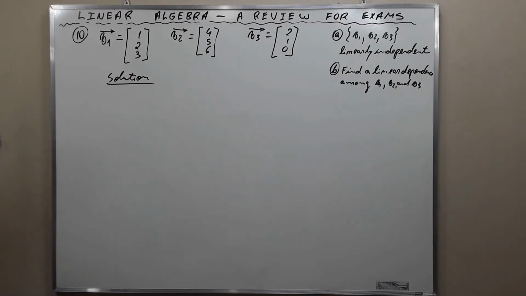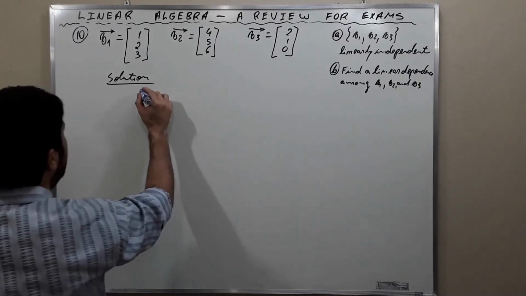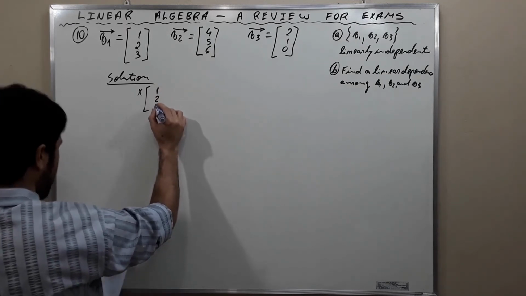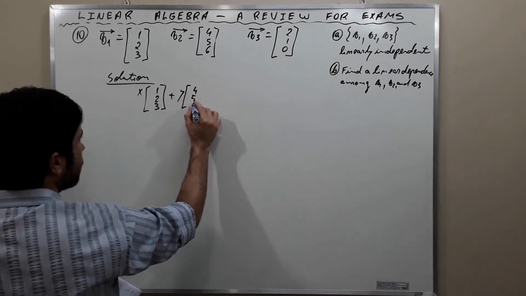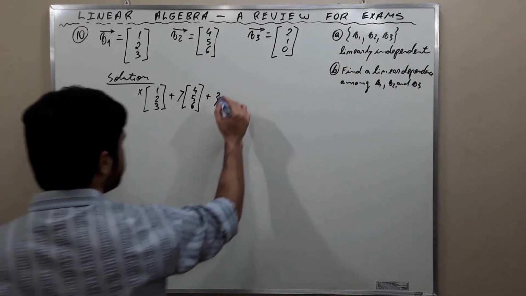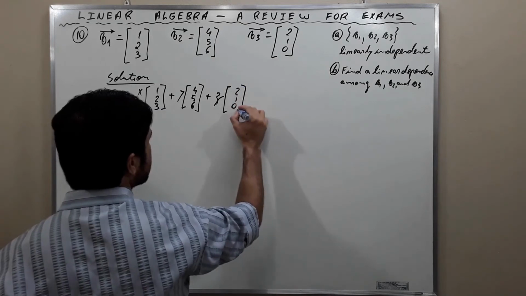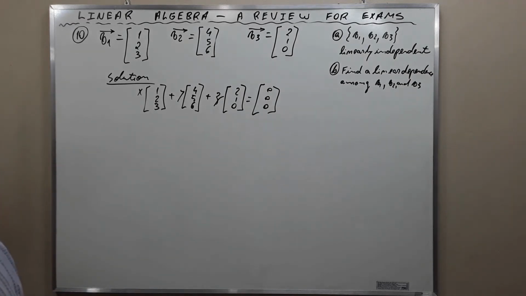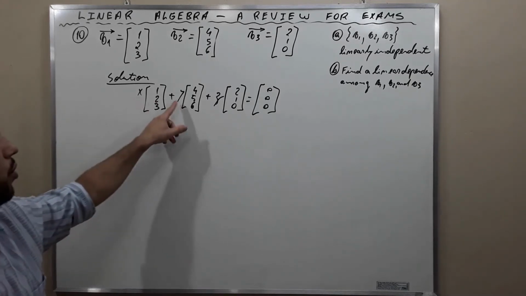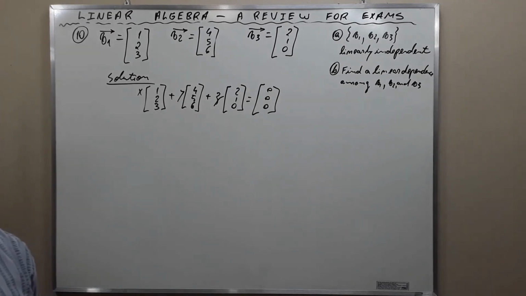In letter A, we must determine if there is a non-trivial solution of the following vector equation. First of all, what is the trivial solution? The trivial solution is when x, y, and z are 0, but we are not interested in this solution.